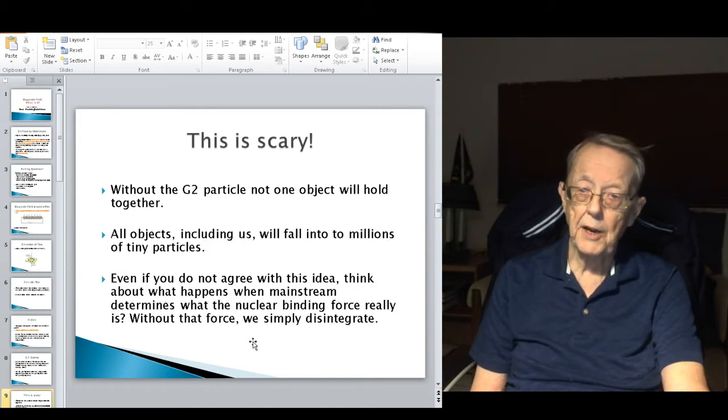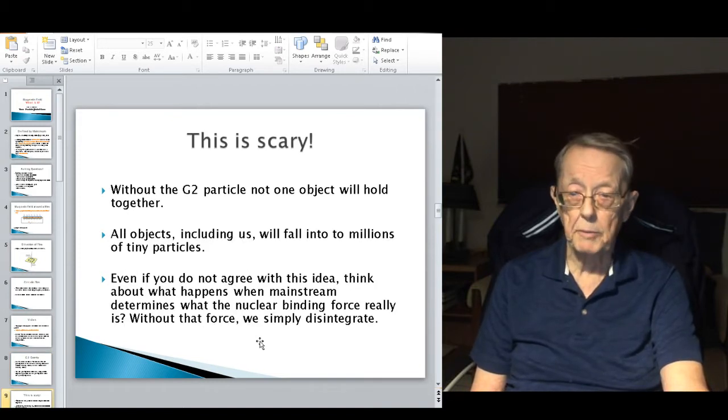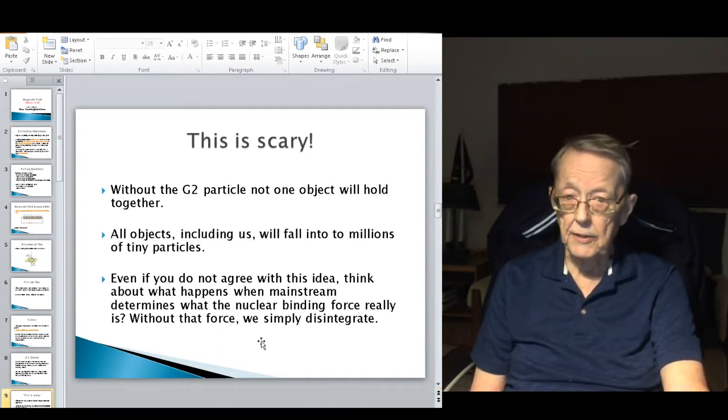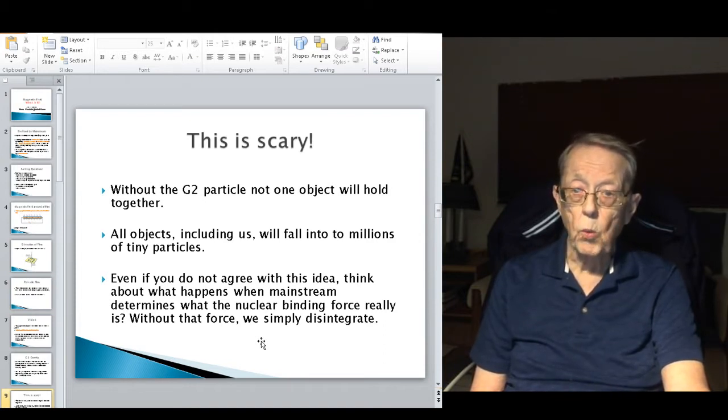Now here's kind of a scary side point. I'm just throwing this in. Without the G2 particle and the structure field that it builds up around objects, not one object will hold together. All objects, including us, including me, including you, will fall into millions of tiny little particles.